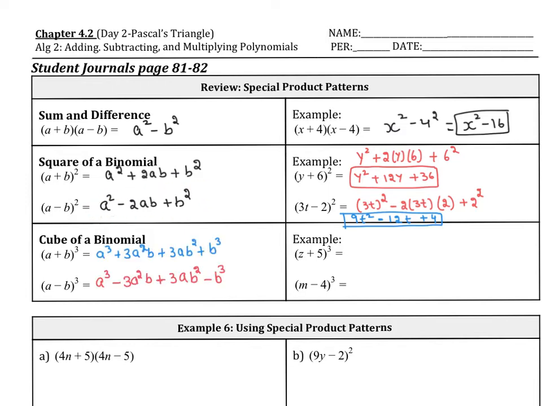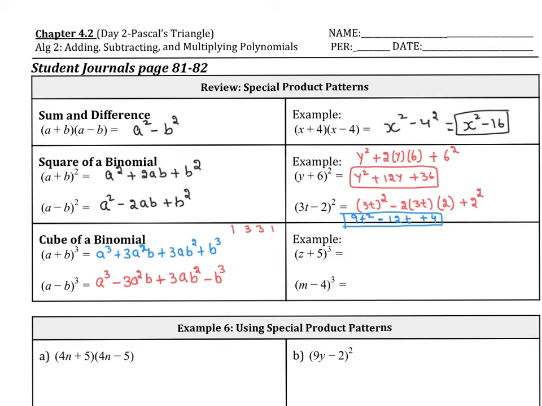So I wrote the formula for a plus b cubed: a cubed plus 3a squared b plus 3ab squared plus b cubed. You can also look at this formula using Pascal's Triangle. In the Pascal's Triangle, if you remember, the coefficients for this one were 1, 3, 3, 1.